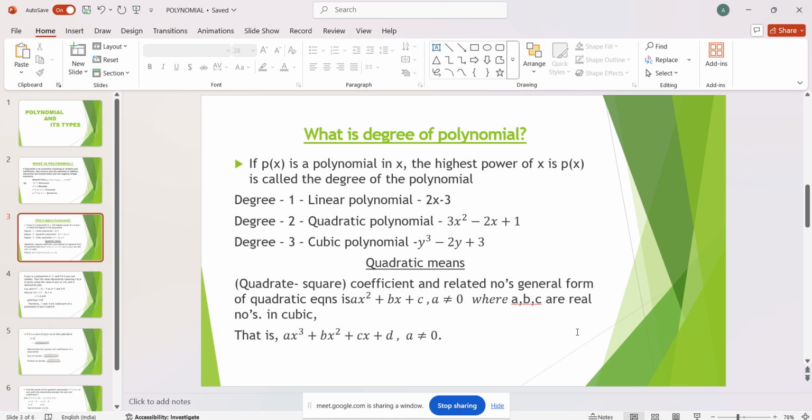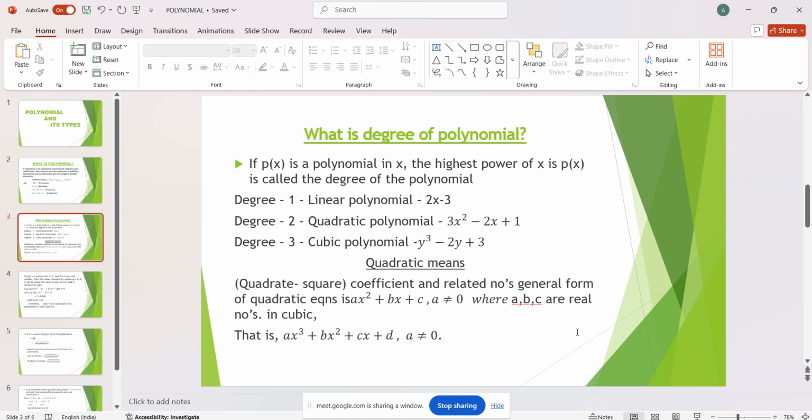Here x square has the highest degree, example 3x square minus 2x plus 1, otherwise 6y square plus 7y plus 7. The highest degree is 2, so it is called a degree 2 polynomial, a quadratic polynomial. Degree 1 is a linear polynomial and degree 2 is a quadratic polynomial.